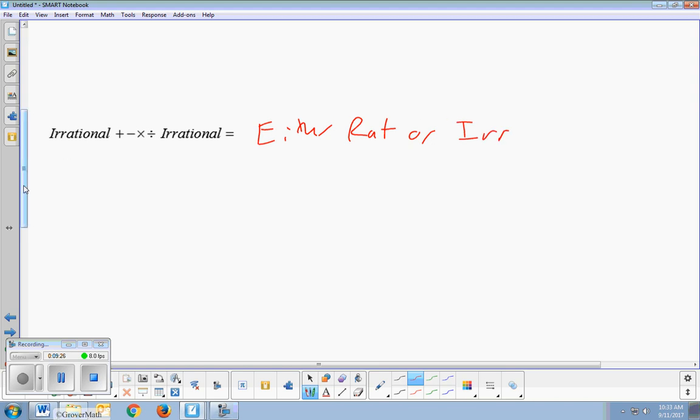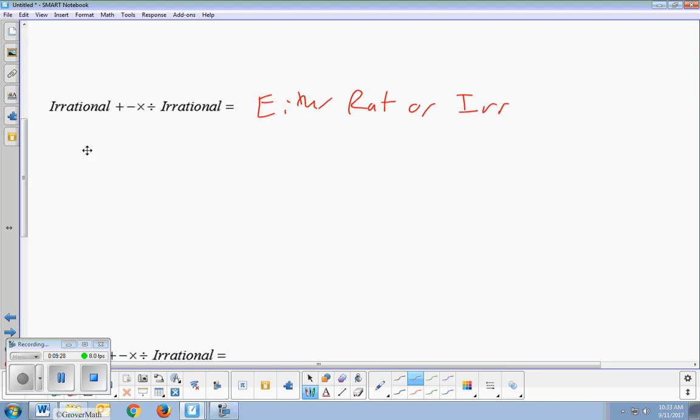And that's where it gets a little tricky. I'm sorry, I'm doing 2 irrationals. That's not one of each yet. That's what's next. So let me go back. It's got to be 2 irrationals. So irrational minus or plus irrational. That's possible to equal rational.